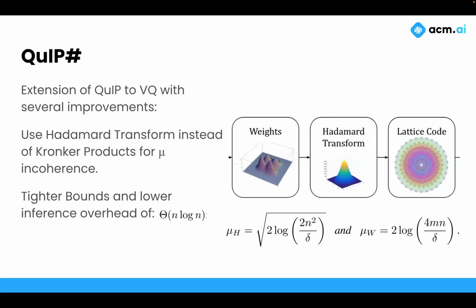Another one is called QuIP#. This one is from the same authors as QuIP, and it's basically an extension of QuIP to vector quantization with a couple of improvements.